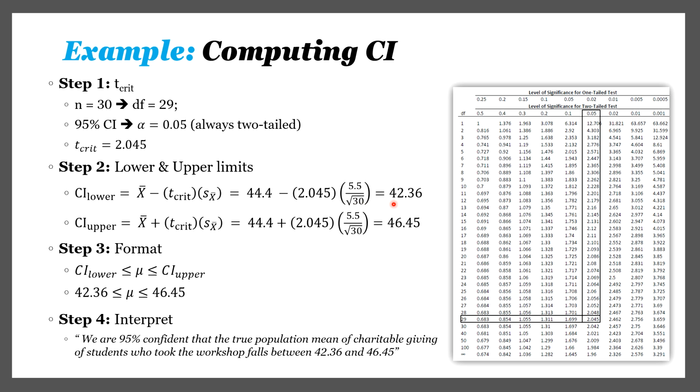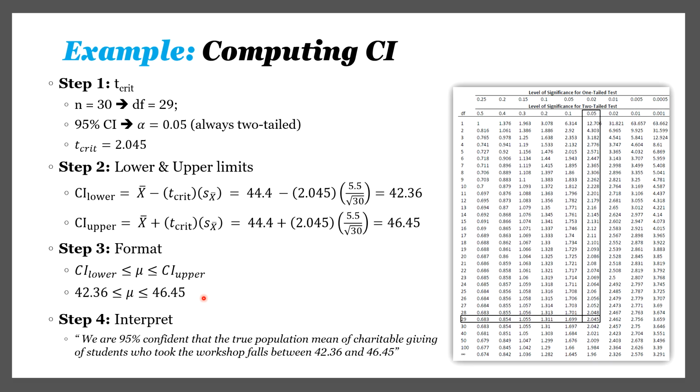That gives us 42.36. Now the upper limit is x bar plus the critical t times the standard deviation of the sample over the square root of the sample size, and that gives us 46.45.